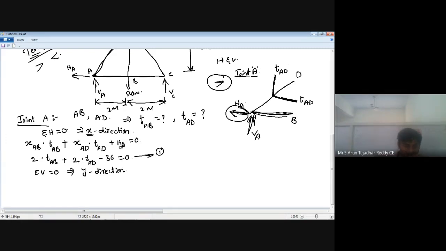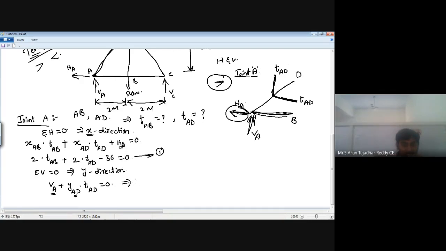Two vertical forces, that is VA. Next TAD. TAD means that is acting in the y direction. So first mention YAD. It should be multiplied with the tension coefficient AD, is equal to 0. Then already we know the VA value and we know the YAD value.